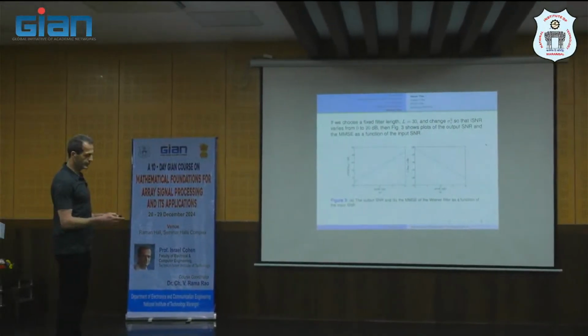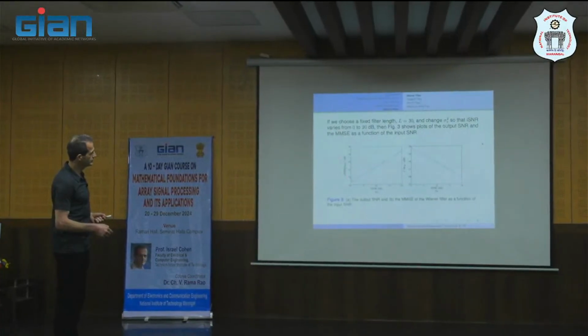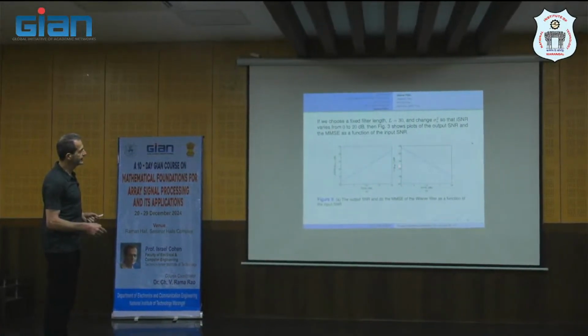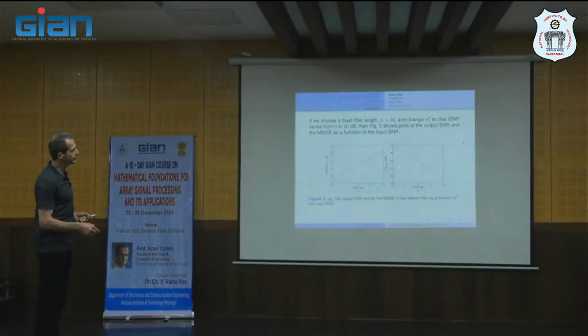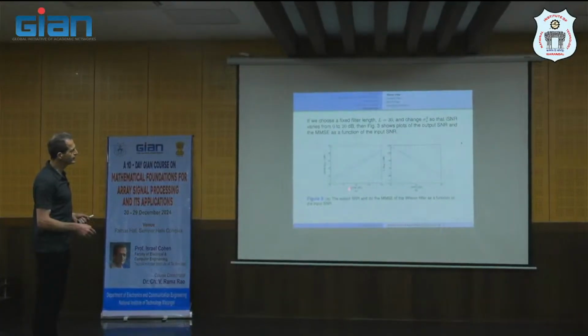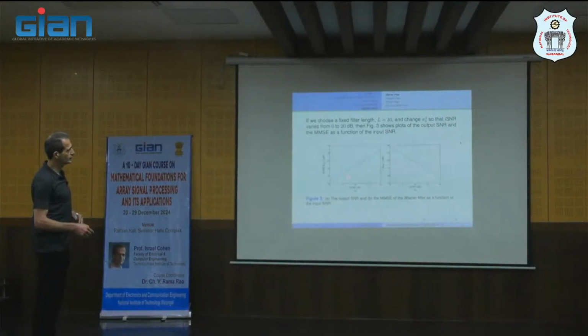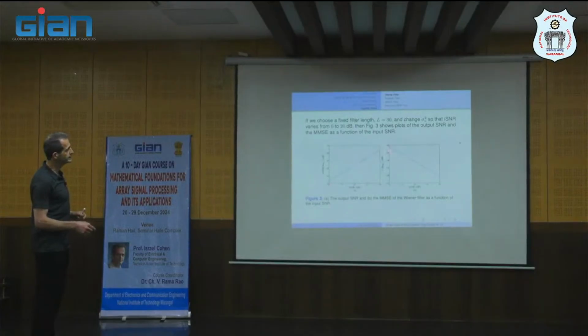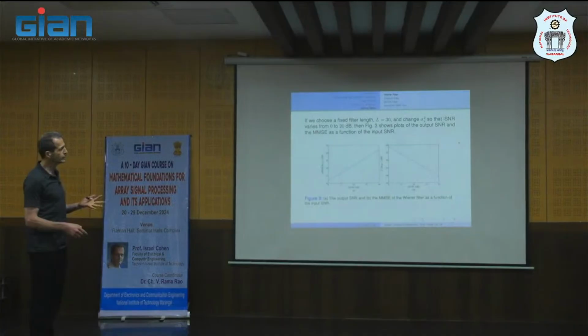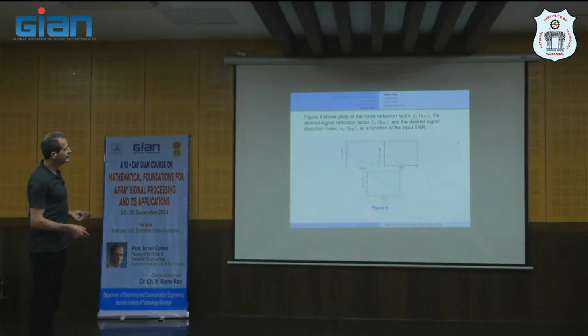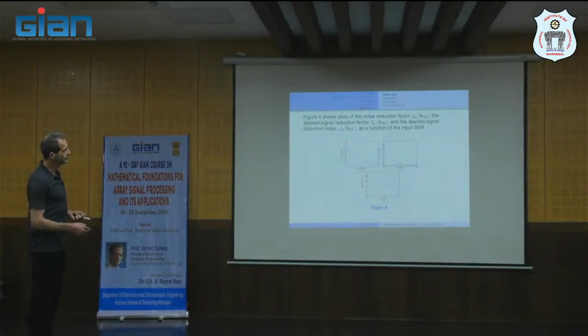Okay, and here we get the output SNR as a function of input SNR, and the MMSE as a function of input SNR. You see that as the input SNR increases, of course, the output SNR also increases, and the minimum mean squared error decreases. This is obvious because we have less noise. And these are the noise reduction factor and the distortion as we increase the input SNR.